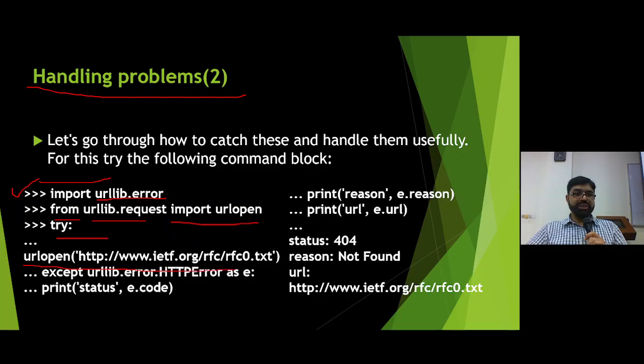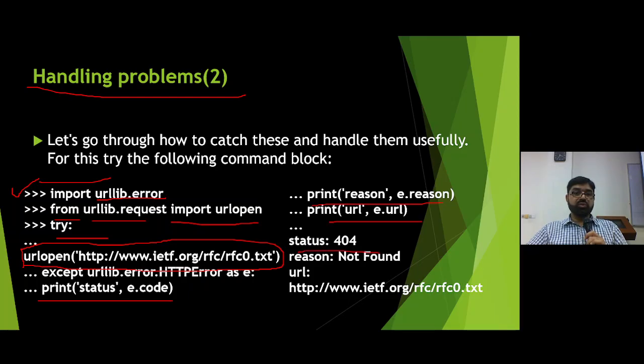Basically, this is a web URL for some specific RFC, right? And you will get an HTTPError in response, and you print the code, then print the reason and print the URL.